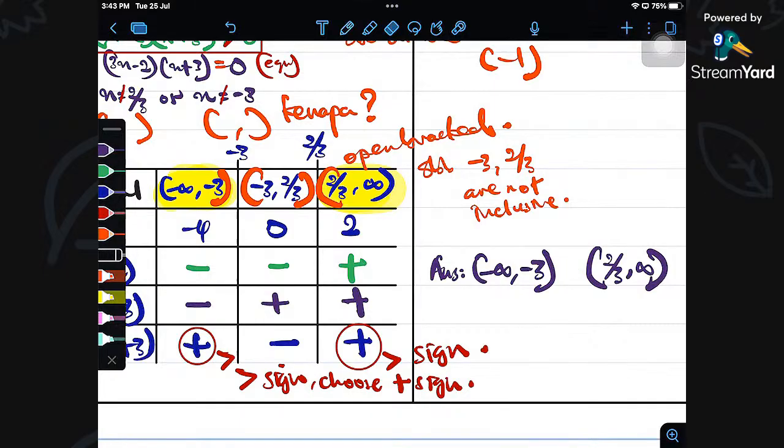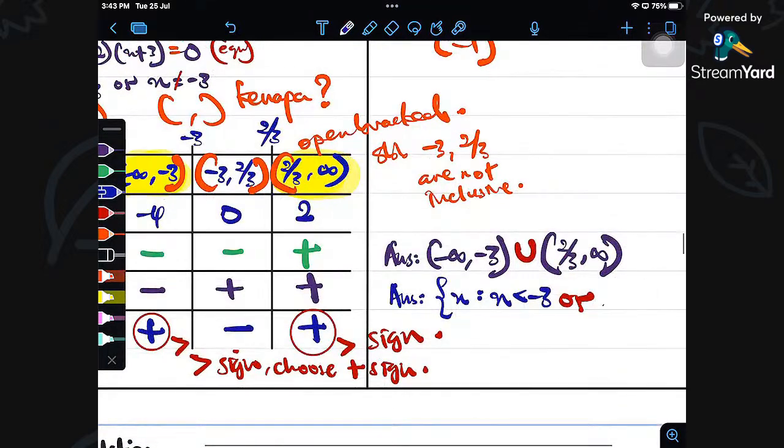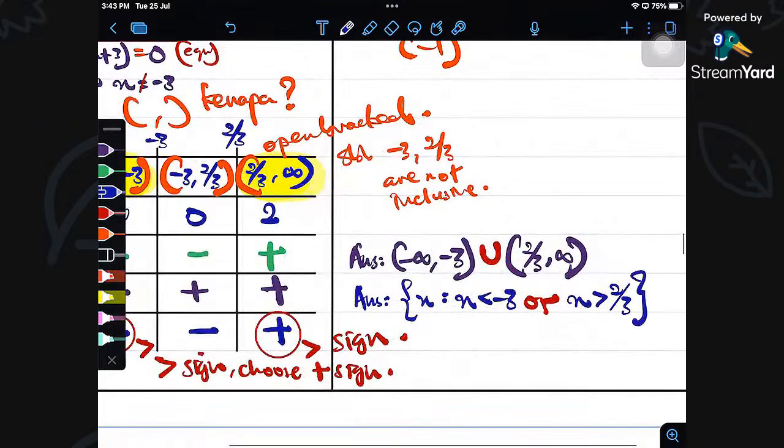So this union is very important to write there. Dan lagi satu penulisan jawapan adalah x such that x is less than negative 3, or please put the word or, ataupun x is more than 2 out of 3. That is the final answer.